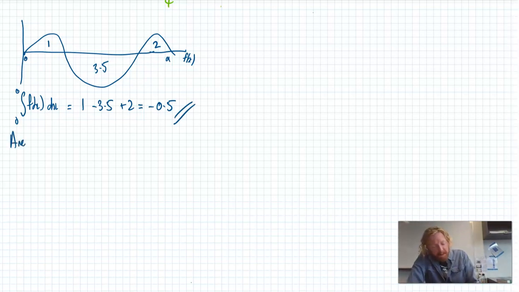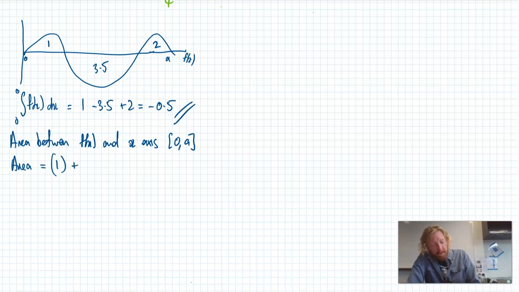If it asks for the area between f of x and the x-axis from 0 to a, then that is going to be more complicated. And that's going to be the 1 plus the 3.5 and then plus the 2. So they all just add together. So then I'm going to get 6.5.